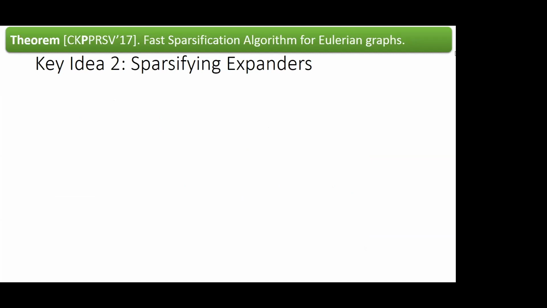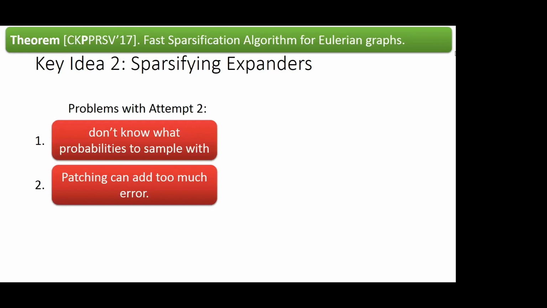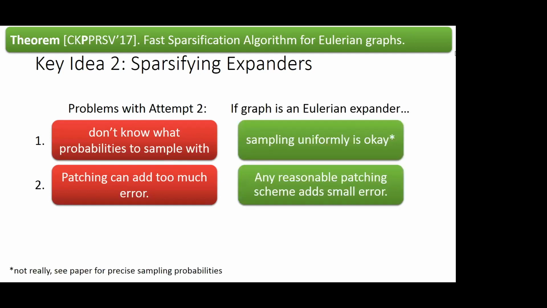And that's where the second key idea comes in. It's to only sparsify expanders. What I mean by that is, you have these problems with the second attempt: we didn't know what probabilities to sample with, and the patching procedure could add too much error. But it turns out that if the graph is an Eulerian expander, so just for now, forget the original graph and assume that whatever we're sparsifying is an Eulerian expander, then you can pretty much sample uniformly. I say pretty much, really, it's related to the degrees of things.